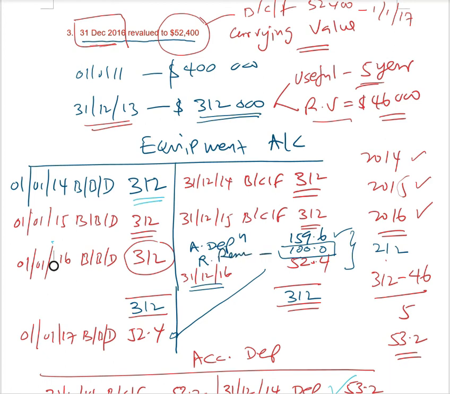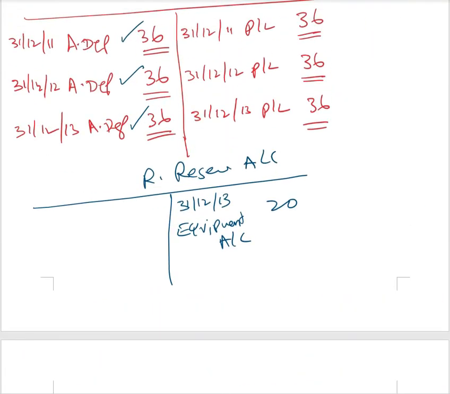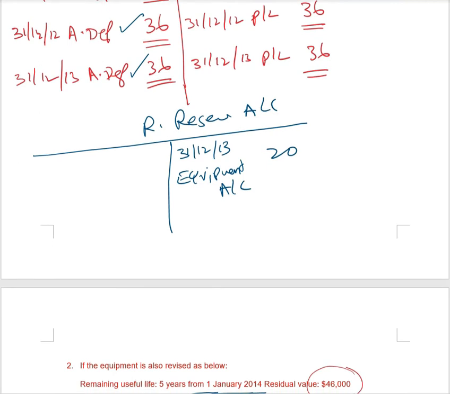So if you go back to the revaluation reserve account, you had a surplus on 31st December 2013. Now there is a deficit of 100 on 31st December 2016.